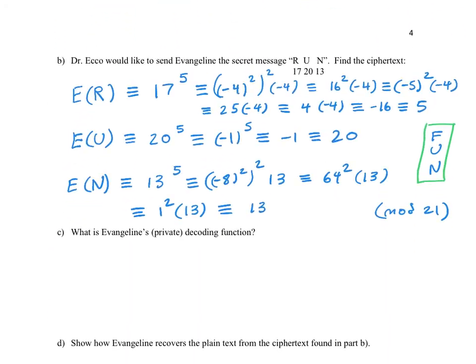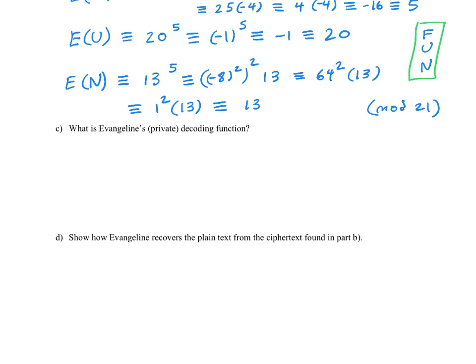For Evangeline, we need to first think about what is Evangeline's n value. Remember, the n value is the one that we use to set up the encoding and decoding functions. So Evangeline's n value is p minus 1, q minus 1, so 6 times 2 for 12.